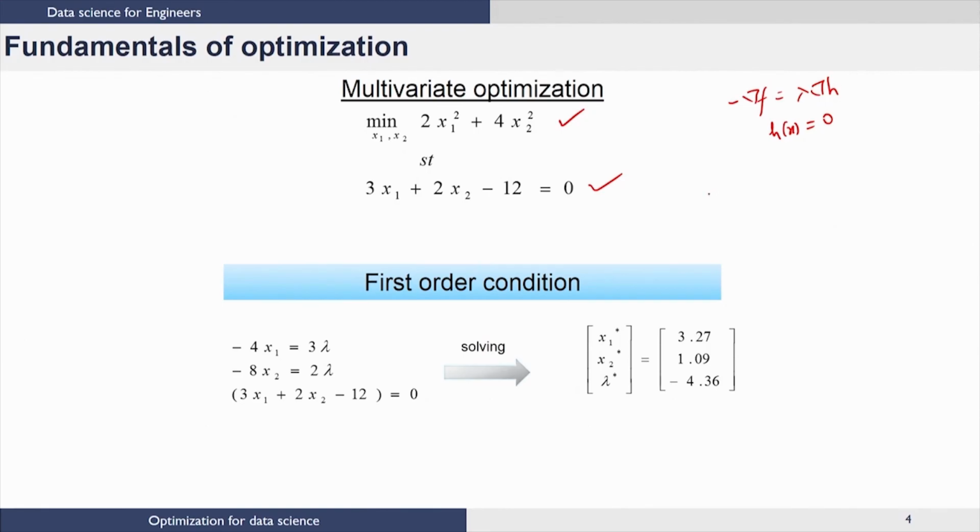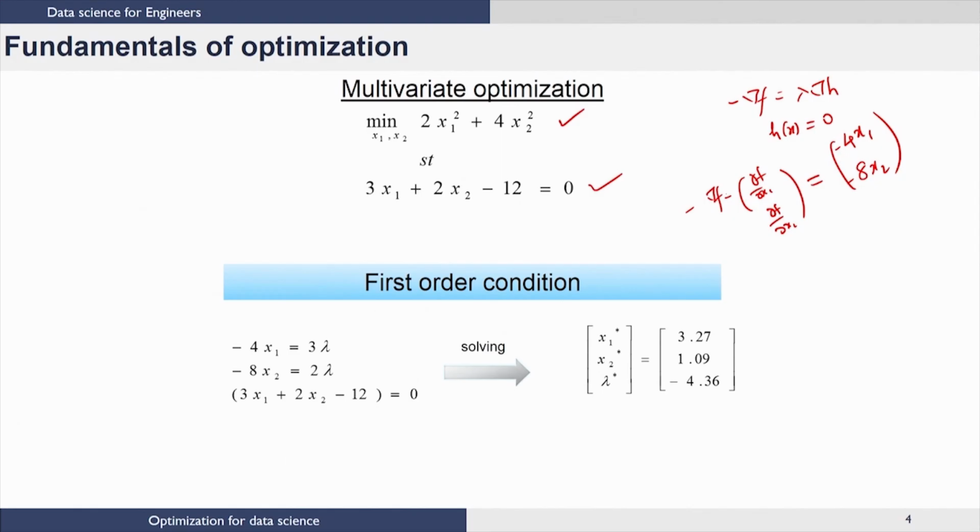To calculate grad of f, which is basically dou f dou x1, dou f dou x2: if you look at this objective function, dou f dou x1 will be simply 4x1 and dou f dou x2 will be 8x2. So, we have grad of f. So, negative grad of f would be negative.